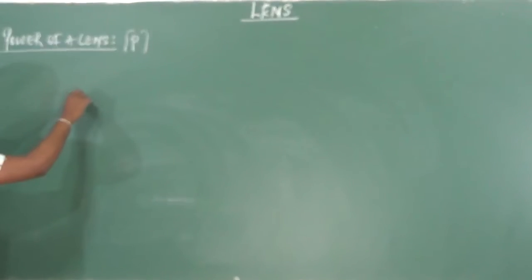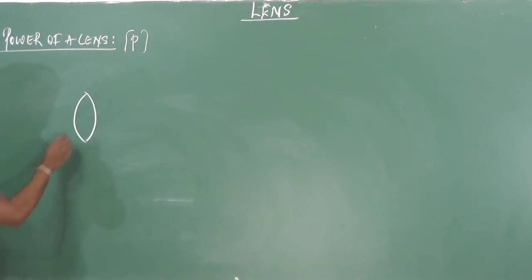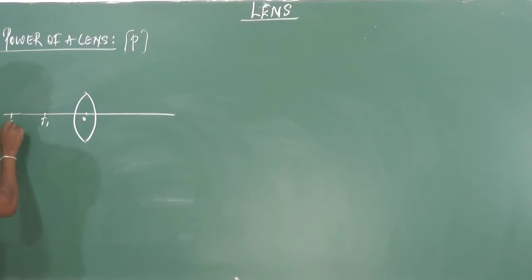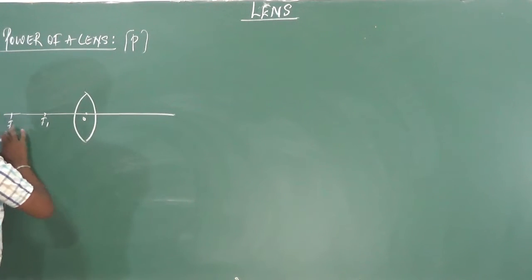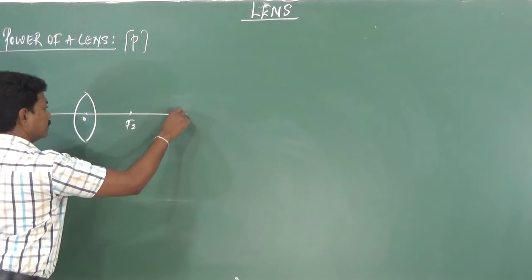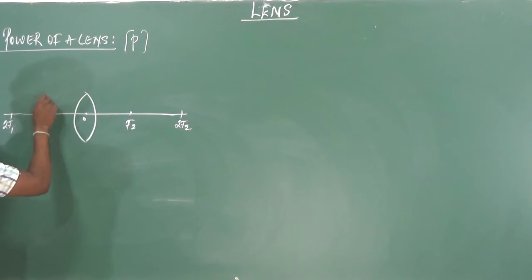Now let us take a convex lens. Very simple. This is the optic center, this is F1, this is F2, that is 2F1, and this is 2F2. This is what we have learned.